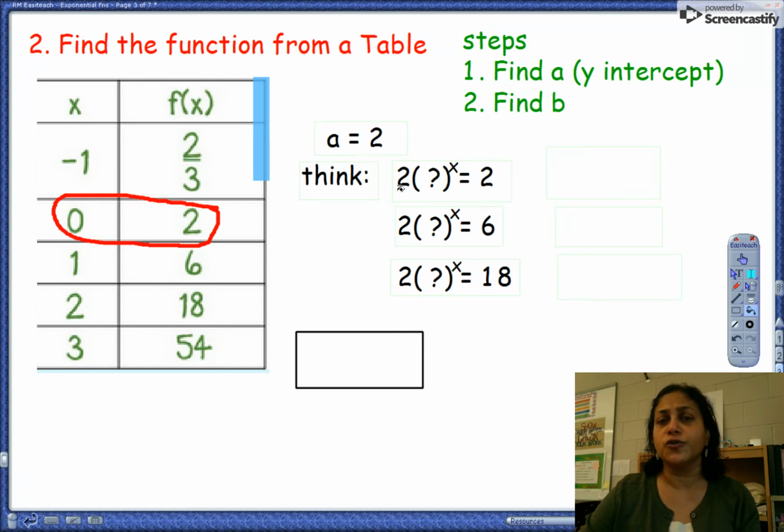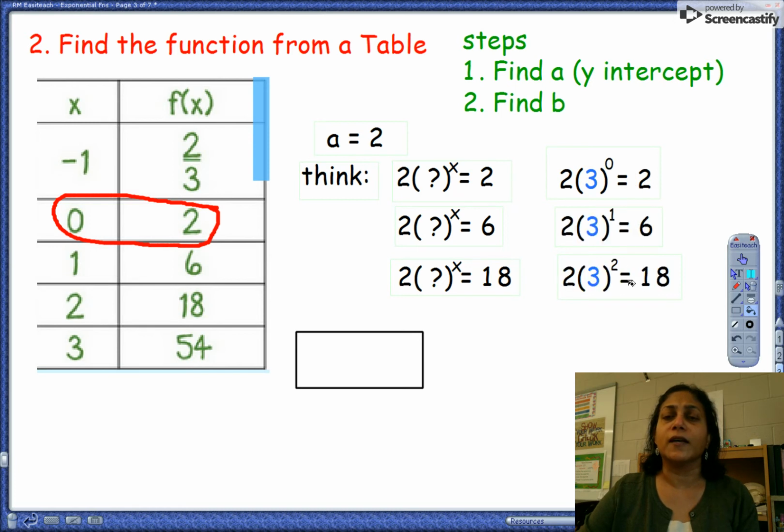It has to be 2 times 1, 2 times 3, 2 times 9. So you want to think a little bit, and maybe it will come to you that that factor is 3 every time. So the function is 2 times 3 to the x.